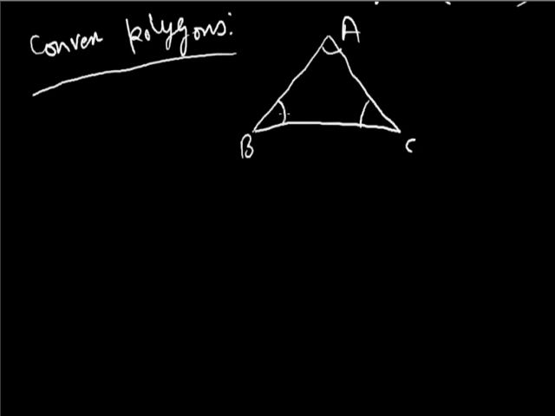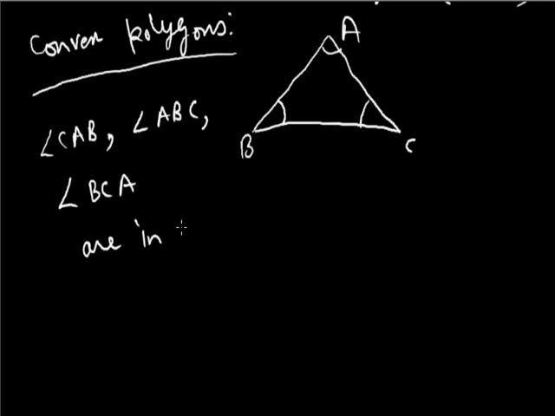Angle CAB, angle ABC and angle BCA. These angles are called the interior angles of the polygon or triangle.